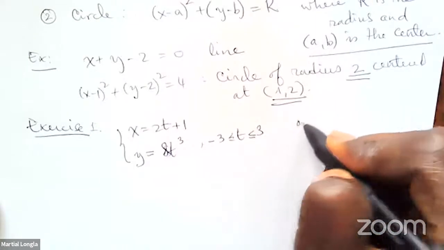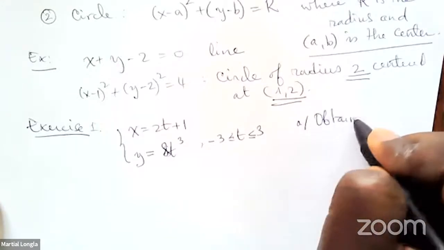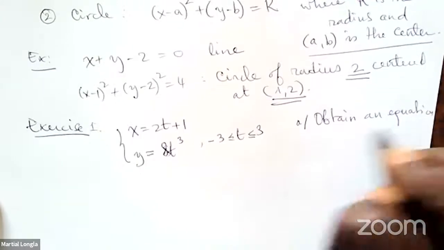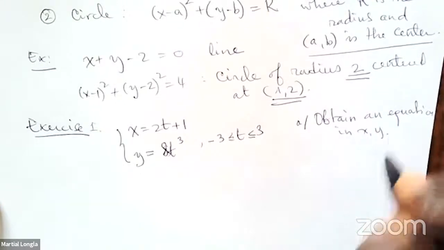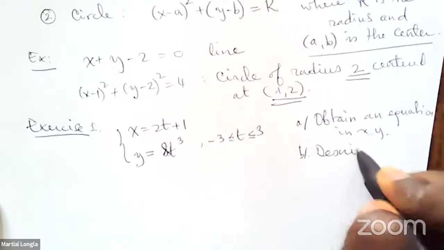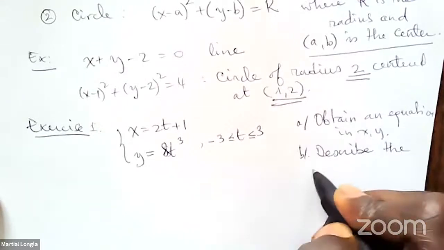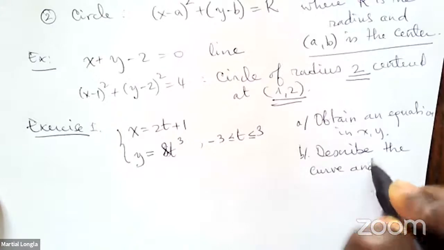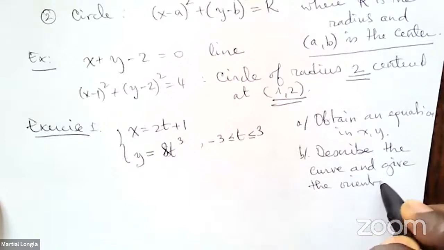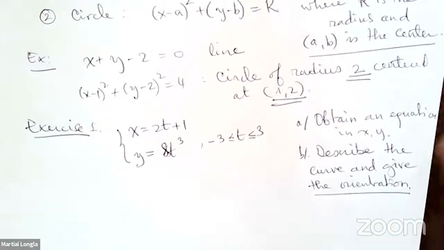And the question is A, obtain an equation in xy, and B, describe the curve and give the orientation. All right, I'm giving you 5 minutes to work on that.